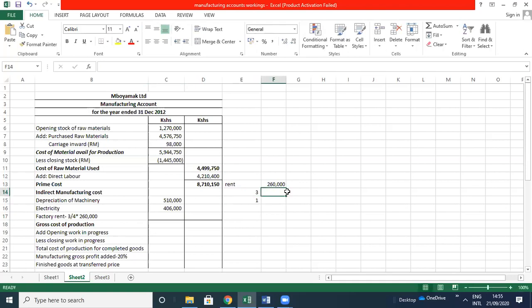What that means is that for the factory, let me put this here. Factory, and then the other one is office, the normal office. We've been told to use a ratio of 3:1. What that means is that for the factory, it will be 3/4.